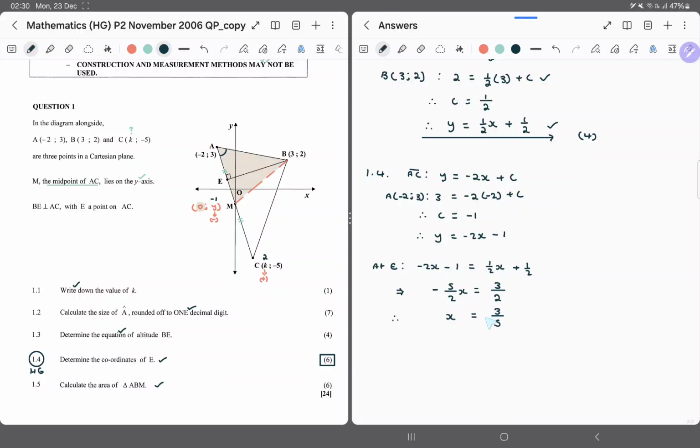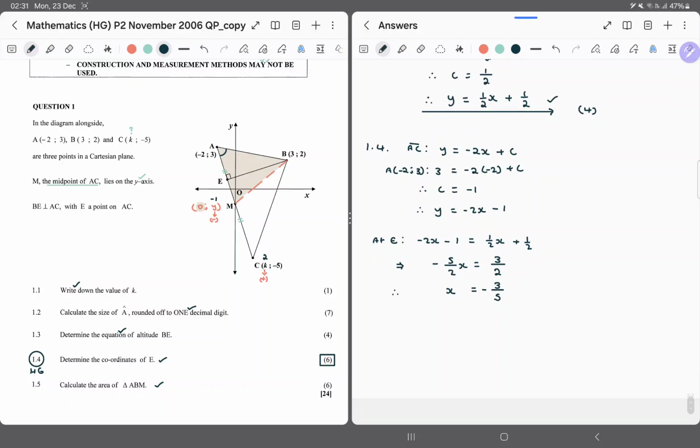But now this is negative, okay? So let's see, is 3 over 5 before point A? Yes, it is. 3 divided by 5 is 0.6. But now the problem is, 0.6 is between M and A, minus 0.6. So we can accept this.